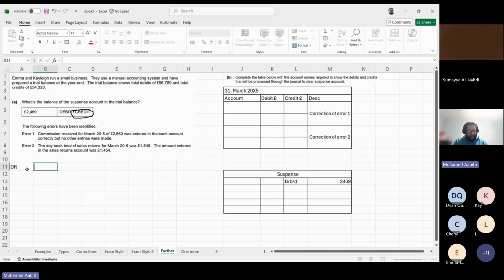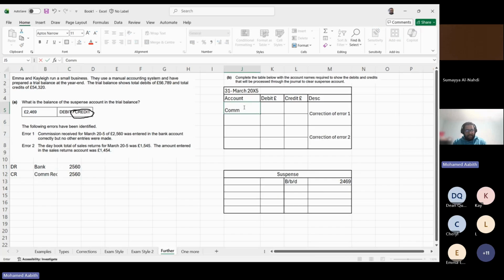It's a commission received. So the debit is going to be bank, and that's for 2560. Credit should be commission received account, and that is going to be for 2560. But what they're saying to me, this was not done. So if that is not done, we have to go there and enter that one.